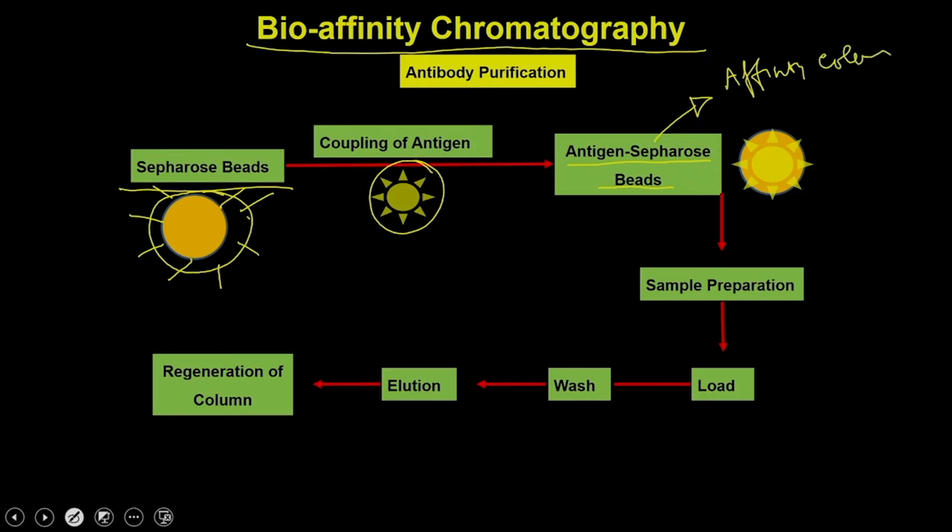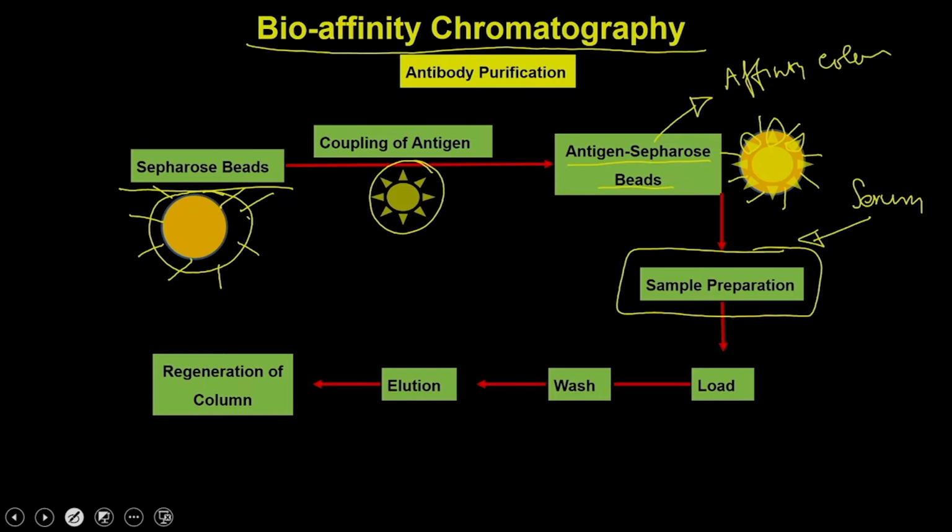All these beads have the antigen present on their surface, and there will be additional sites which you block at the end of the coupling reaction with the help of non-specific proteins. For example, in the previous lecture we discussed that you utilize glycine to block the additional activation sites. Then you prepare the sample from the serum so that you can apply it onto the column.